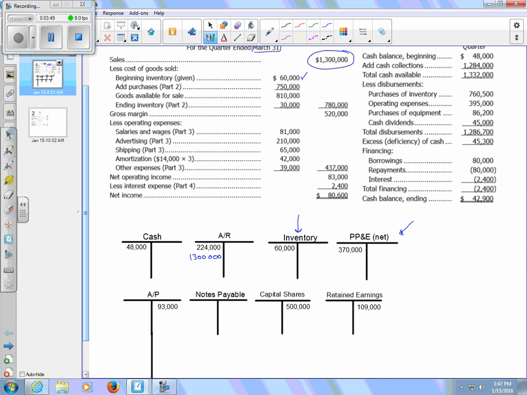Purchases. When you purchase anything, we're going to assume that it's all on credit. So we're purchasing inventory. So inventory is going to go up by $750,000.